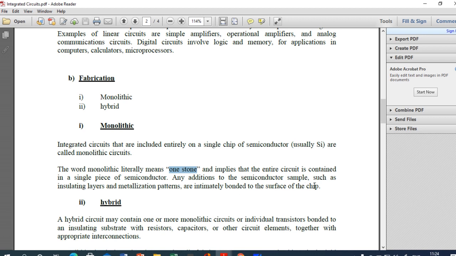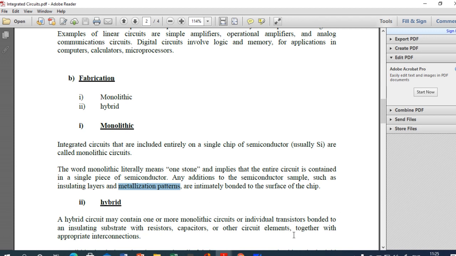There are some examples, such as insulating layers and metallization patterns, which are intimately bonded to the surface of the chip. Once the devices are placed inside a single silicon chip, we call it a monolithic circuit or monolithic integrated circuit.